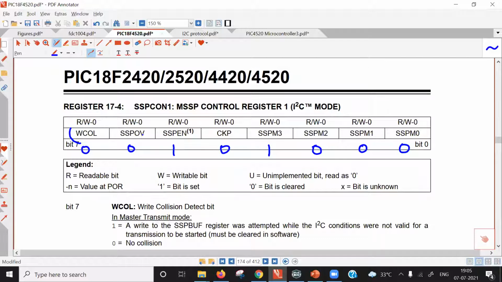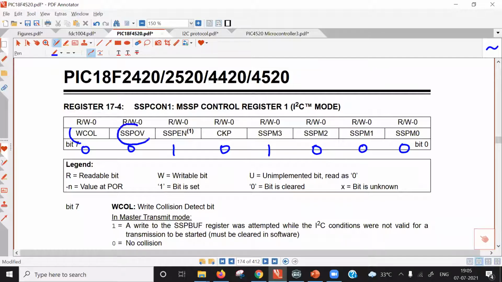OV stands for overflow. Say for example, in receiving mode, data is serially received in shift register SSPSR. After receiving all bits, those 8 bits are loaded in SSP buffer register. If we do not read data from the SSP buffer register through program, and if shift register receives one more byte, then this bit will become 1.